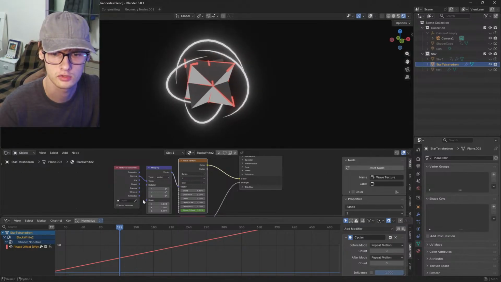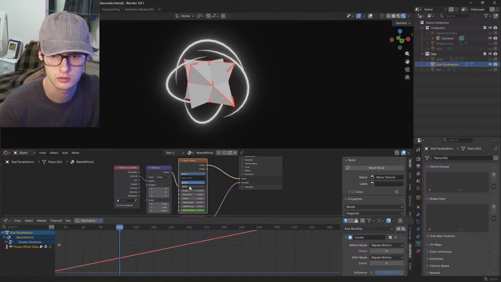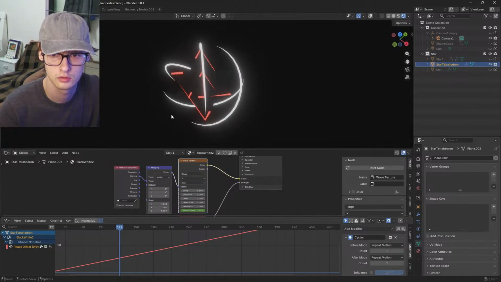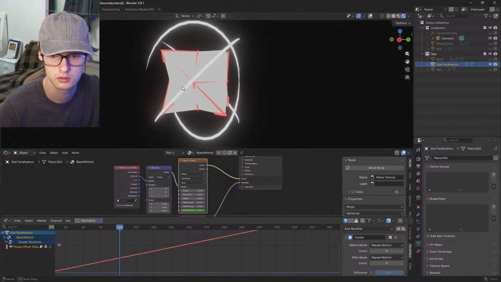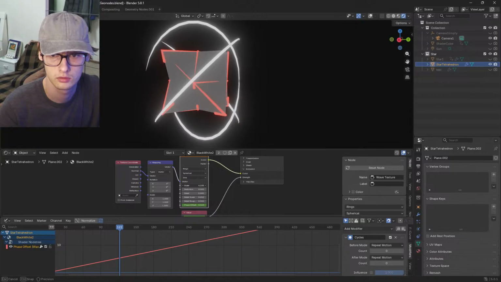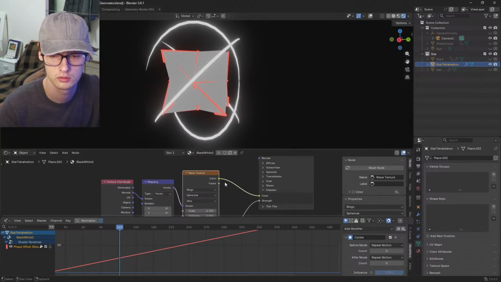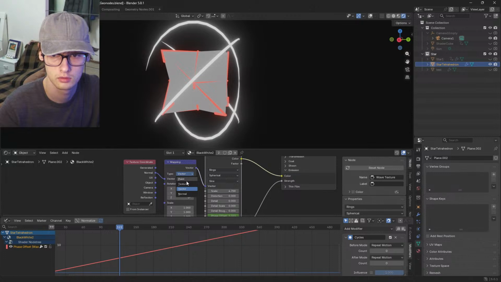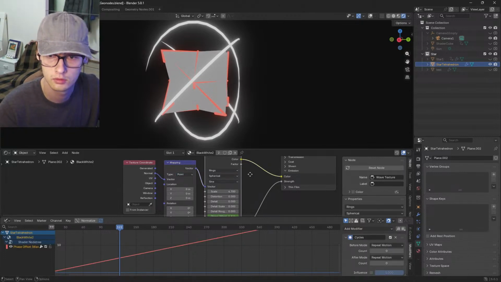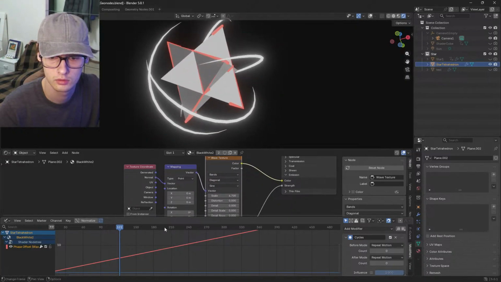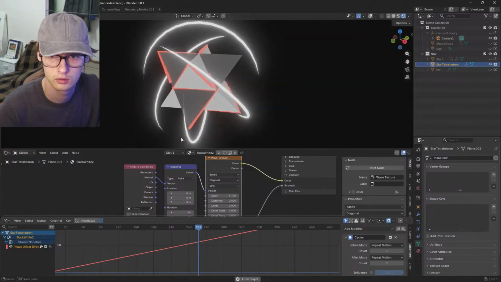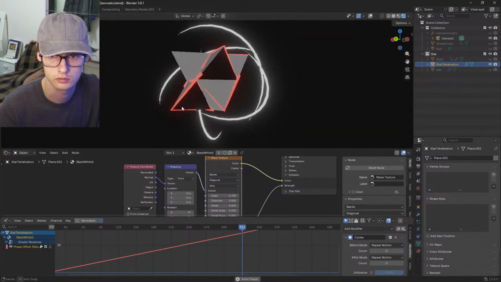Just messing around with the shading here. Maybe there's something more interesting I can do. Spherical, is that what I want? No. What have I done? Cool.